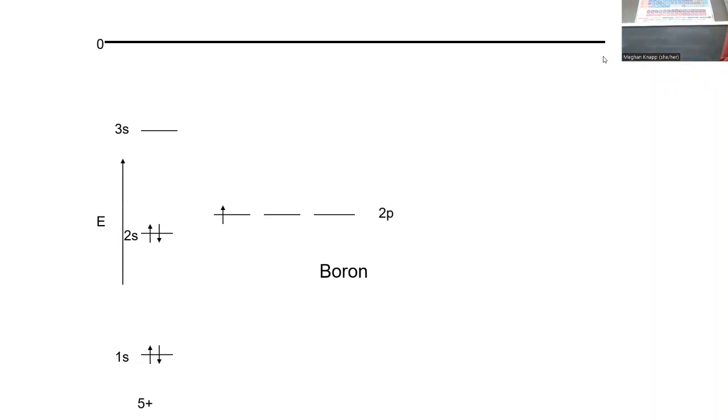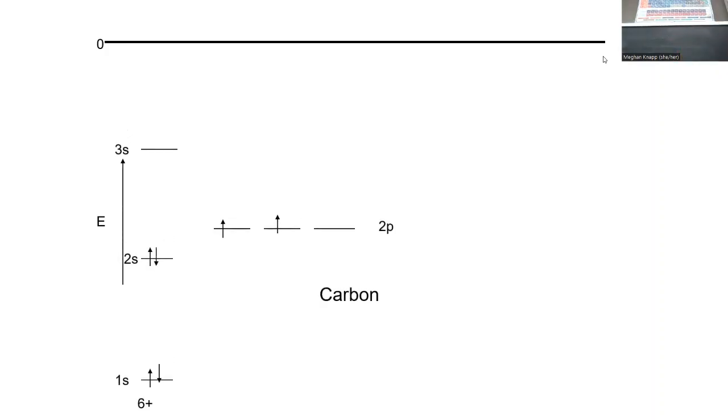Why the ionization energy has this trend. Every time I increase the number of protons, so at the bottom I've got 5 protons, that's the nucleus pulling on these orbitals. Every time I increase the number of protons, there's a stronger attraction. And that stronger attraction is going to cause all of these orbitals to move down just a little bit in energy.